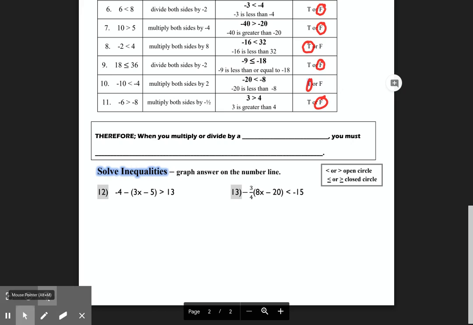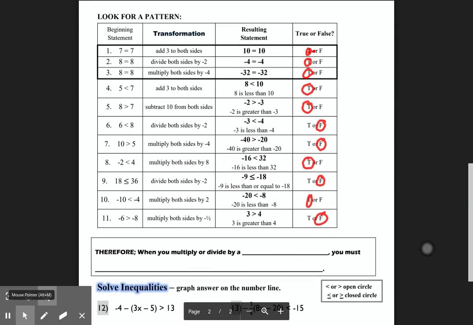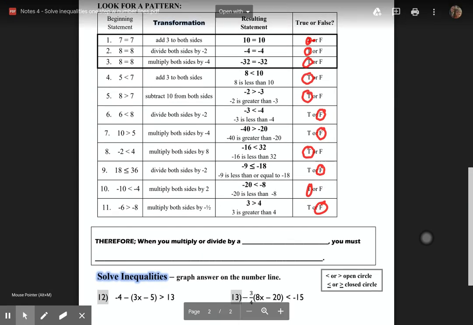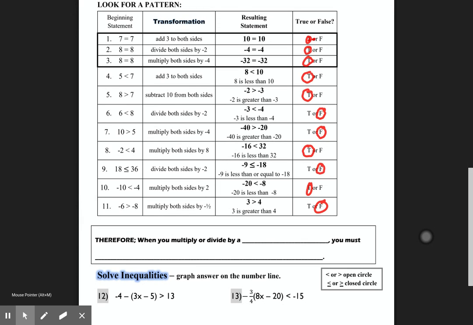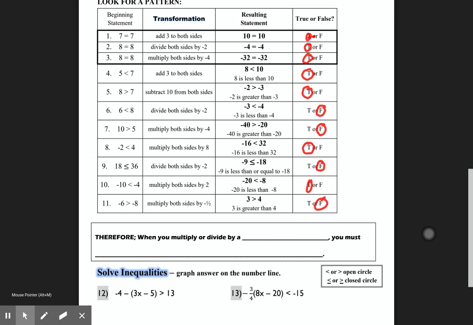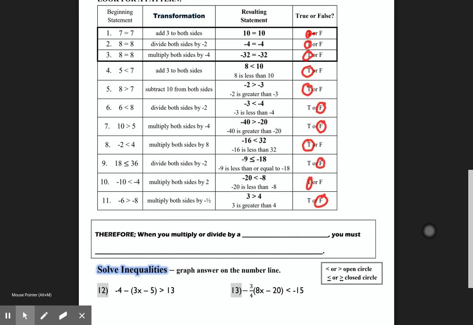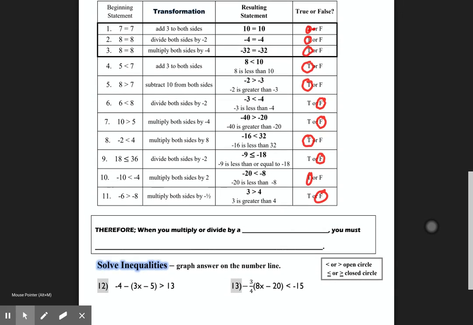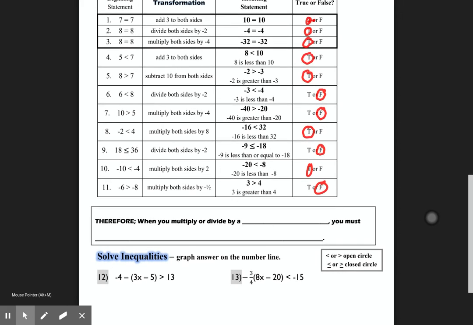So if we go back and look, number 6, we divided by -2. 7, we multiplied by -4. 9, we divided by -2. And 11, we multiplied by -1/2.